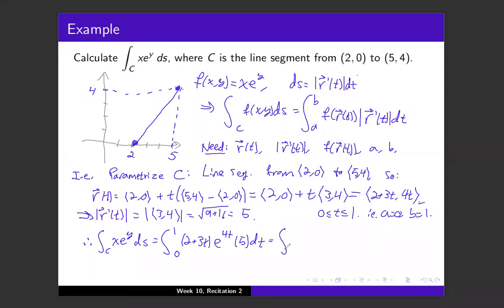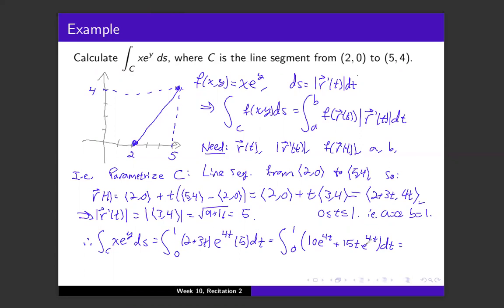Or in other words, the integral from 0 to 1 of 10 e to the 4t plus 15 t e to the 4t dt. Now, this last integral, that's not terrible, although you would have to do some of it by parts.